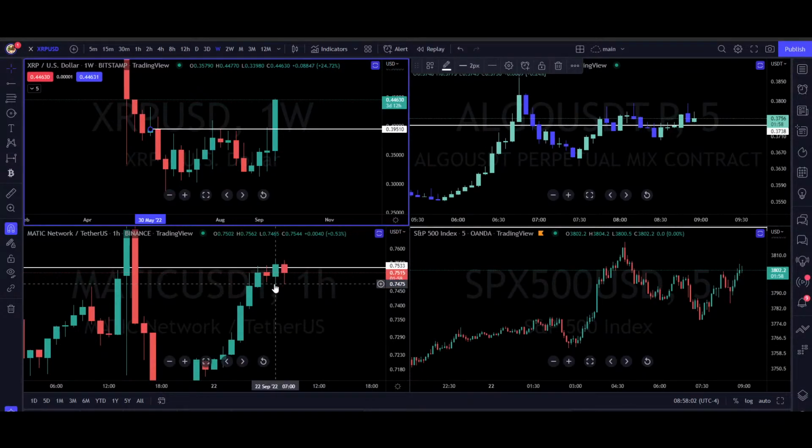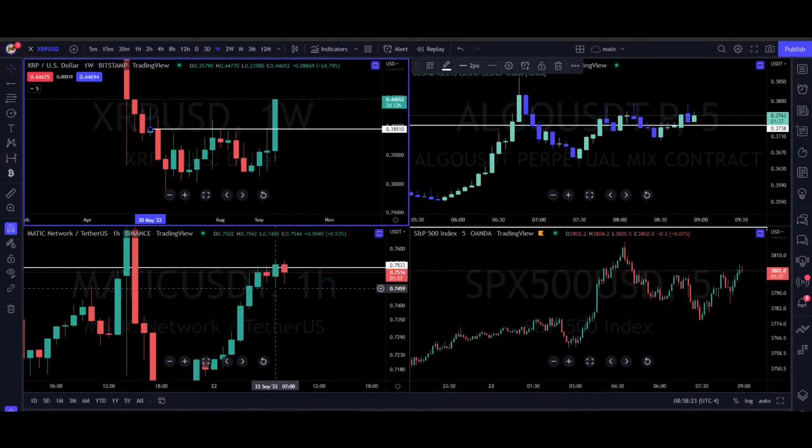We need to see the trap candle, which is your breakout candle. As of right now, even with this red candle, you still have a breakout on your hands. You have broken out above daily resistance. You have made a fresh daily high, and you are currently trading at resistance, weekly resistance.